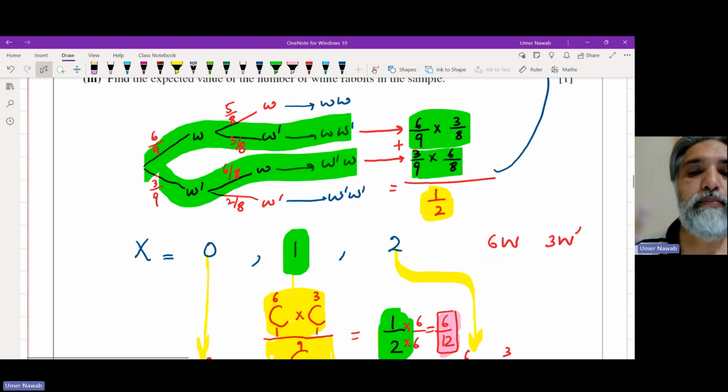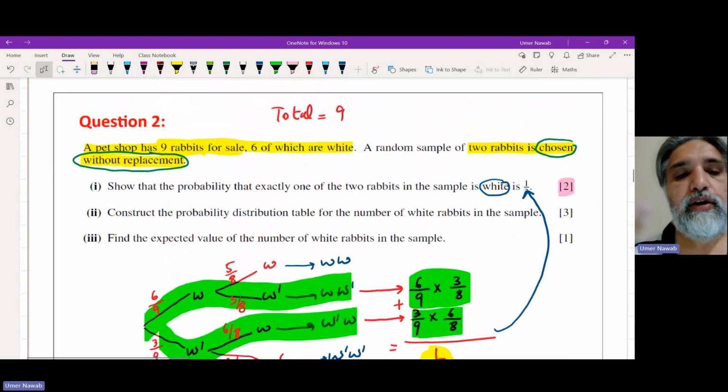Okay, so no ambiguity must occur in your mind that, Mr. Omar, this is a chosen question and I cannot use the combinations. Combinations can be used, but in the case of probabilities, not only in a combination situation. If you want to choose only combinations, then you need to deal with the classical approach, case to case.